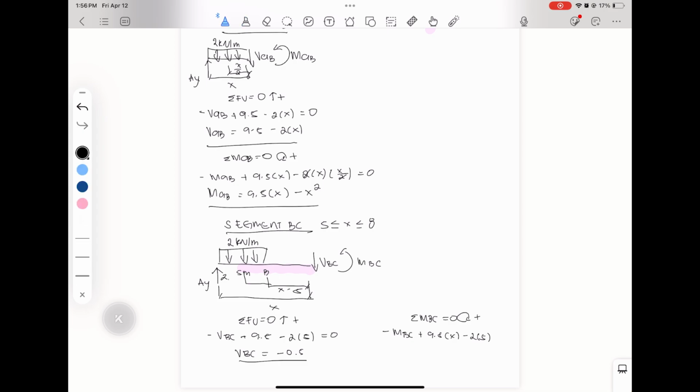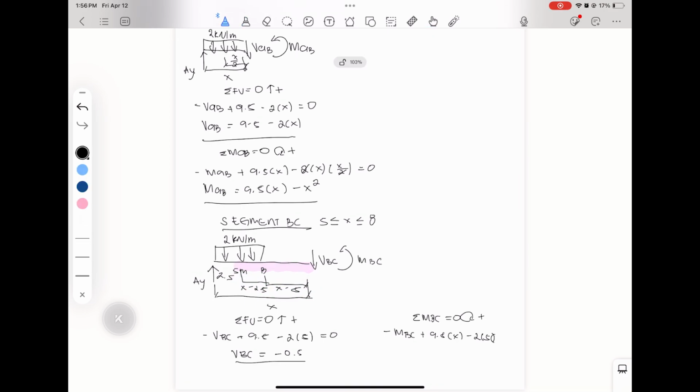So this is going to be 2.5 meters. So based from that, this is x minus 2.5. We just have to minus the 2.5 from x. That's why this whole part is x minus 2.5. Okay, wait. So the distance is x minus 2.5. Wait.